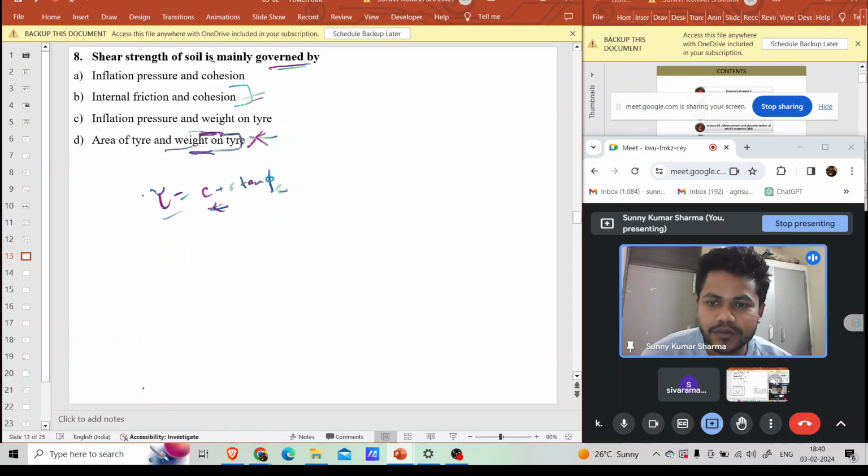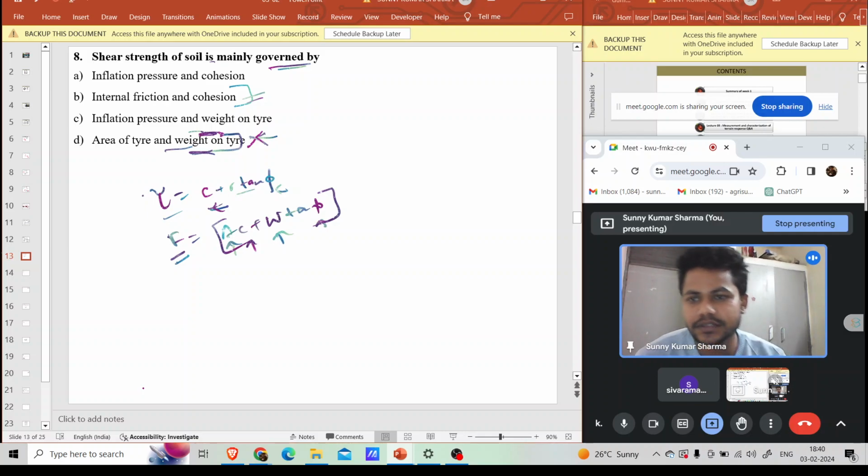If you multiply these two sides with area, then you get the thrust developed by the soil, which is AC plus W tan phi. In this case, the thrust developed by the soil when the tire engages with the soil, A is also a parameter, C is also, W, and phi. This is a function of four parameters, but shear strength of the soil is mainly governed by internal friction and cohesion. This is the correct answer.